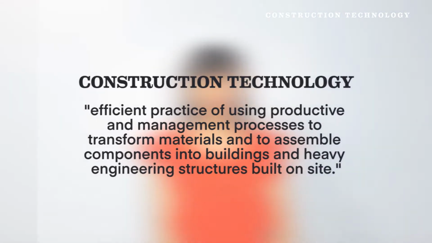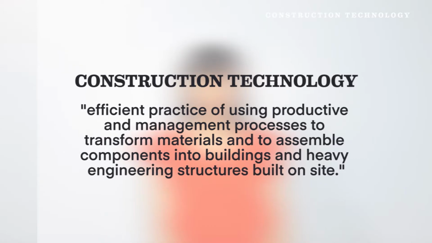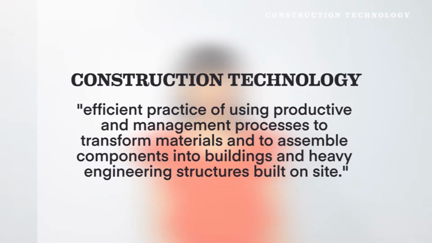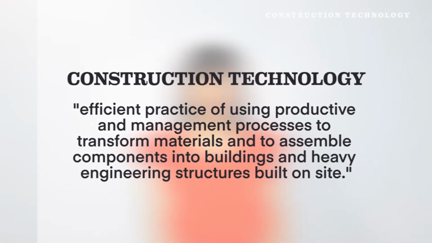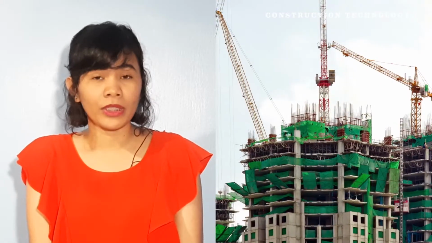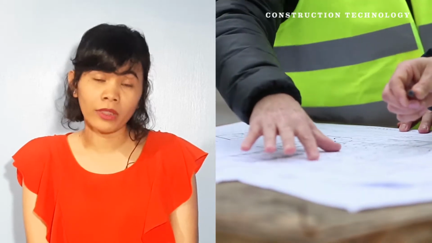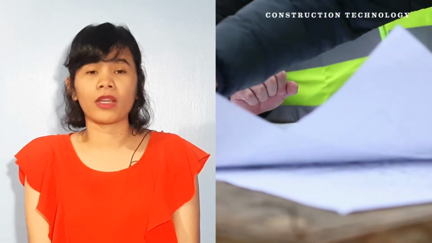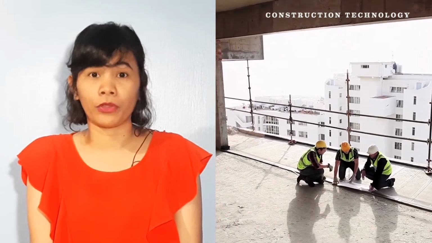Construction technology is the efficient practice of using productive and management processes to transform materials and to assemble components into buildings and heavy engineering structures built on site. Technology used to manage the productive processes often differs. Some projects are built by the owner's employees, but larger projects often consist of one, two, or many prime contracts that are subcontracted by the owner.